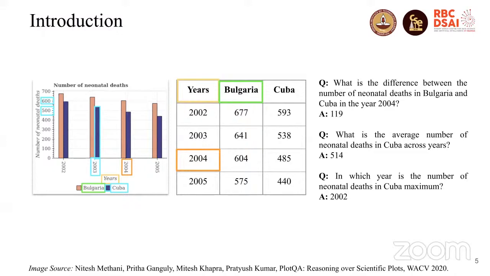For example, the cyan bar, which I have highlighted for the year 2003, has a value somewhere between 500 and 600. And I need to be able to calculate that. To be able to do this, I need to detect all the plot elements, including the x-axis, y-axis, titles, tick labels, and the bars, the exact boundaries of the bars, right? So this is why object detection over plots is important.